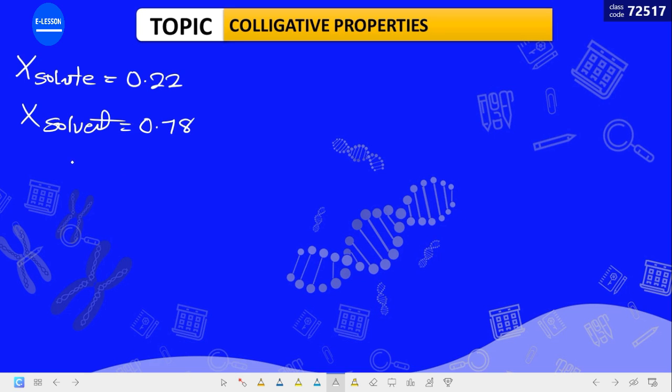Now one thing you should be sure of is that the sum of all mole fractions should give 1. If you add all the mole fractions of all the components together, it must be equal to what? 1. So if you add these two together, will it give us 1? Yeah, this will give us 1.